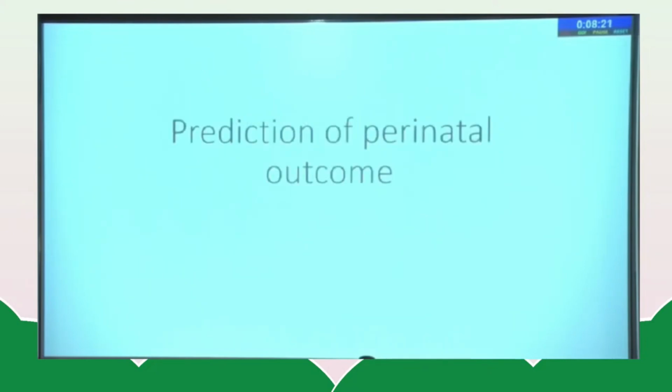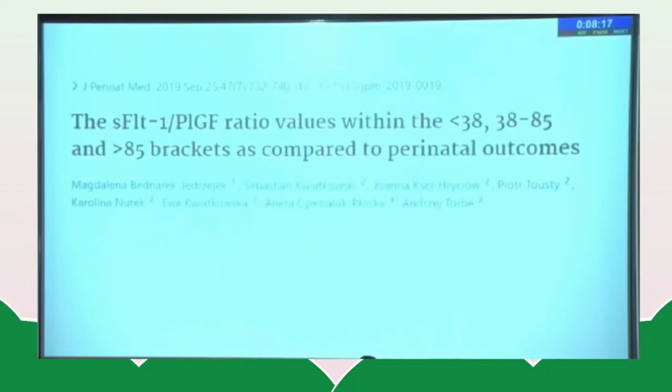Next part, my lecture: prediction of the perinatal outcome. A couple of years ago, our team drew the attention of the scientific world to the opportunity to use angiogenesis markers as a feature to predict adverse outcome.